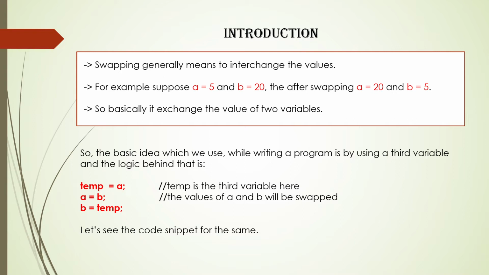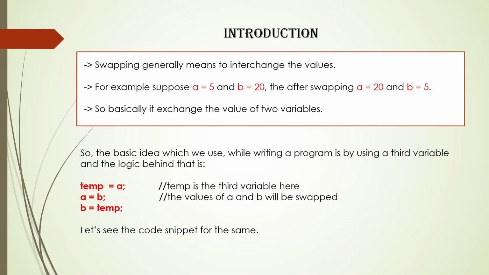And then A equals B. That means the value of A will be overridden by the value of B. So basically now A will be holding the value of B, and in the third line B equals temp. That means the value of B will get overridden by the value that the variable temp is holding, and temp has the value of A. That means B will be assigned the value of A. So this was the logic and the code snippet.